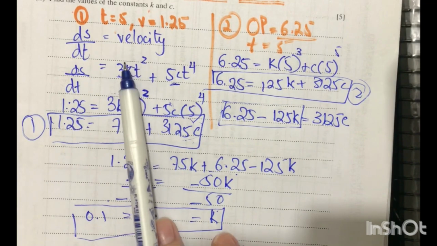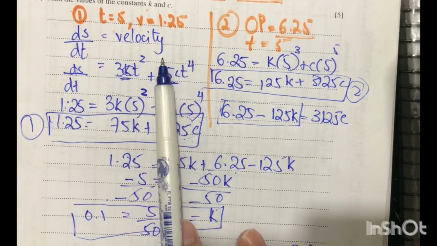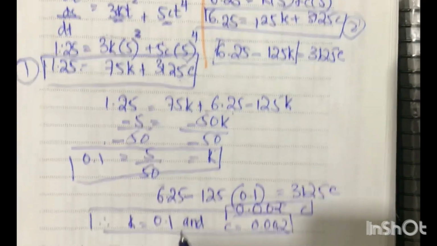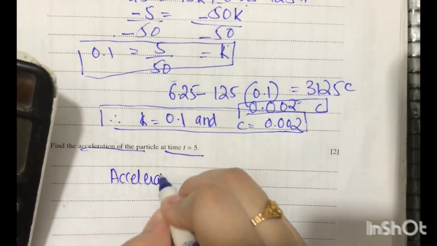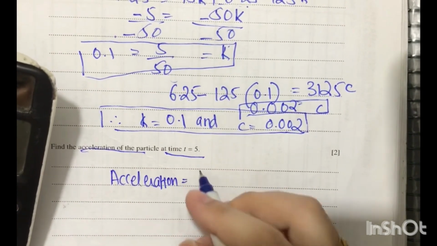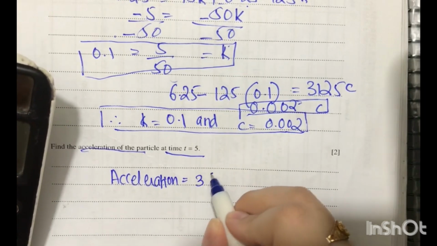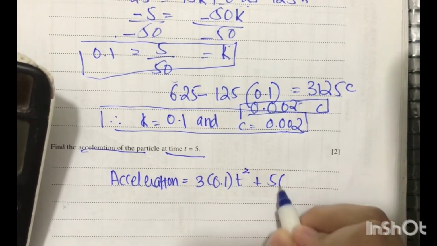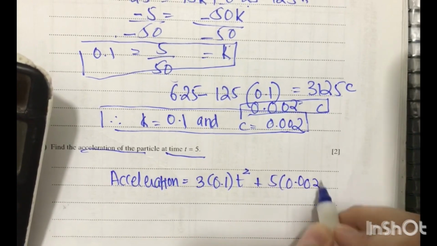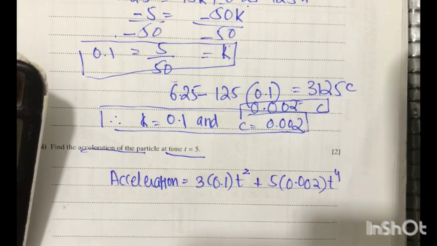Now we have the values of k and c, so we will need to plug in those values to find out the equation of acceleration. So acceleration is equals to 3 times 0.1 t square plus 5 times 0.002 t raised to power 4.